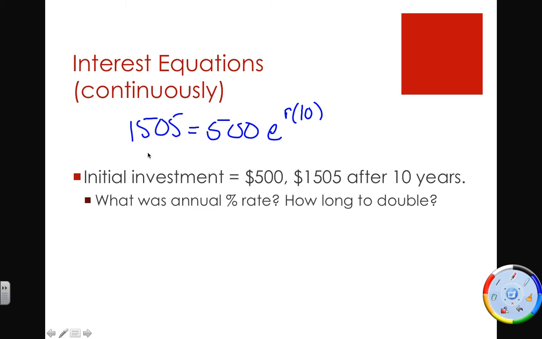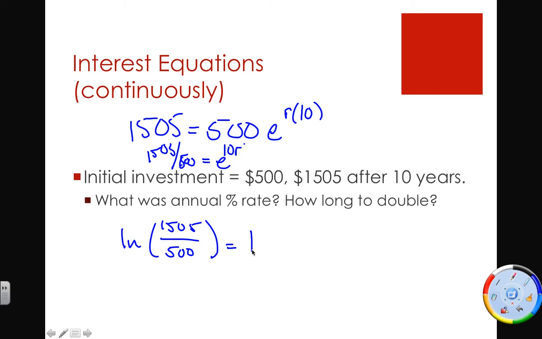Only in this case, instead of solving for t, we're solving for r. So we're going to do the same thing here. 1,505 divided by 500 equals e to the 10r. Take the natural log of both sides, and divide by 10.